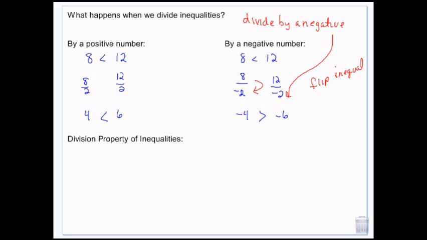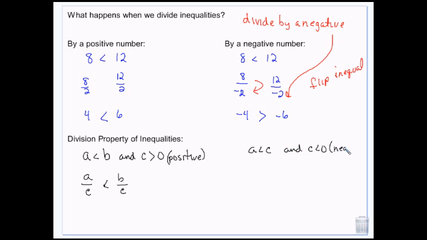So the division property tells me that if A is less than B, and C is positive, A divided by C will stay less than B divided by C. But if A is less than B and C is negative, A divided by C is greater than B divided by C. Can't write today.